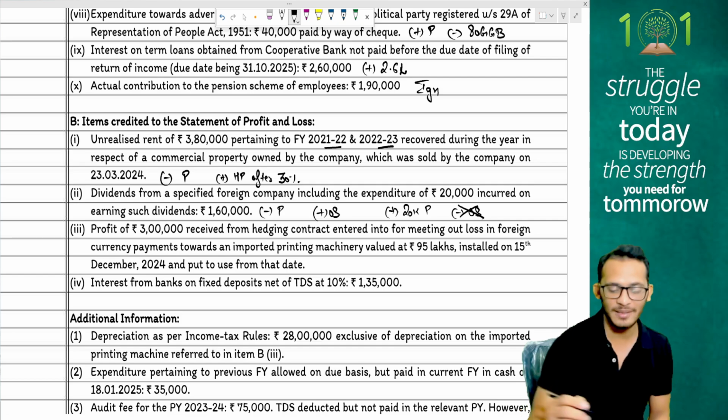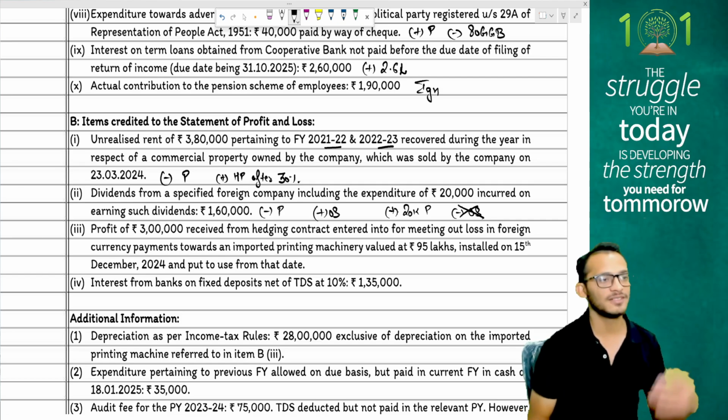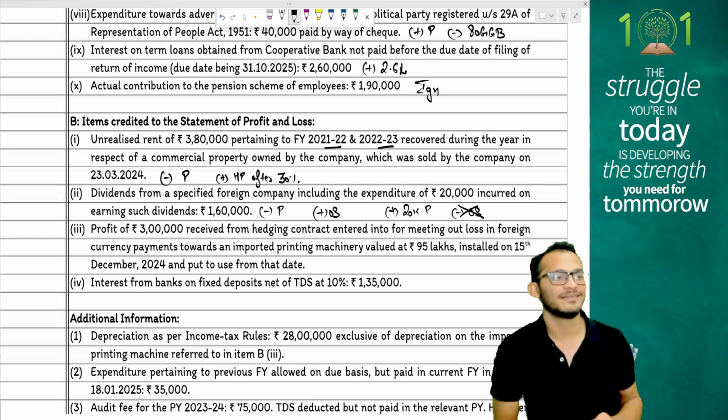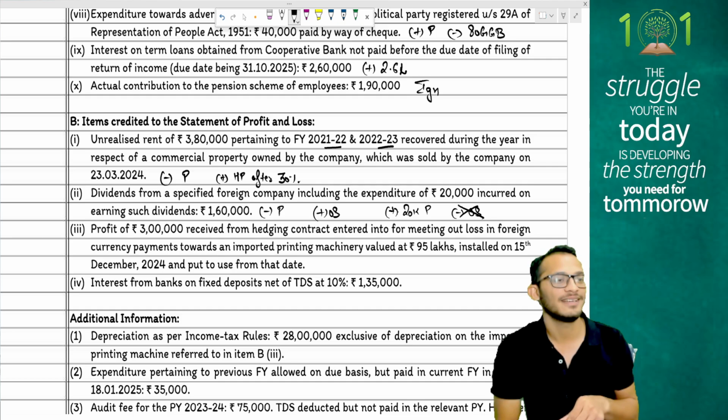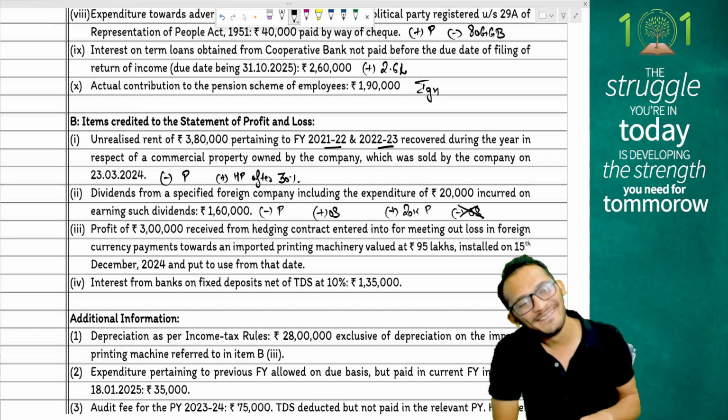Then it is allowed as deduction up to a maximum of 20%, because it is less than. That's what they're not saying. So where does it say 1,60,000 includes 20? Claim. After the claim.